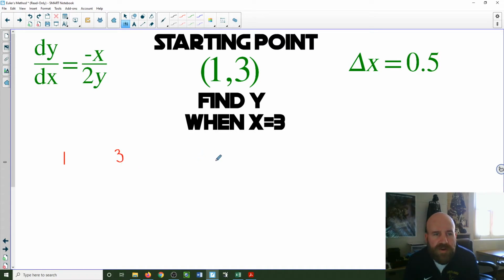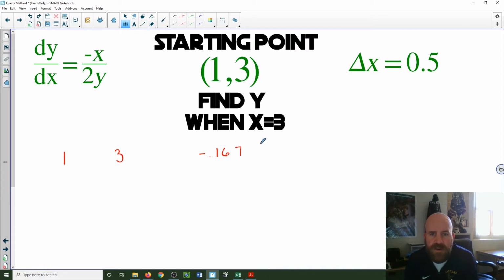Our slope we're going to find by plugging into the differential. So we get negative 1 over 6, which is 0.167, I believe. So negative 0.167. That's our slope.